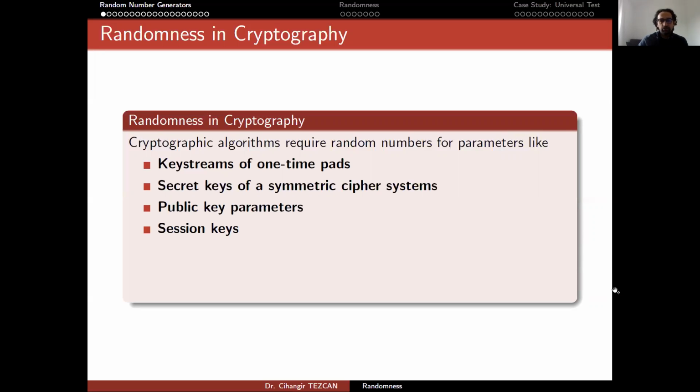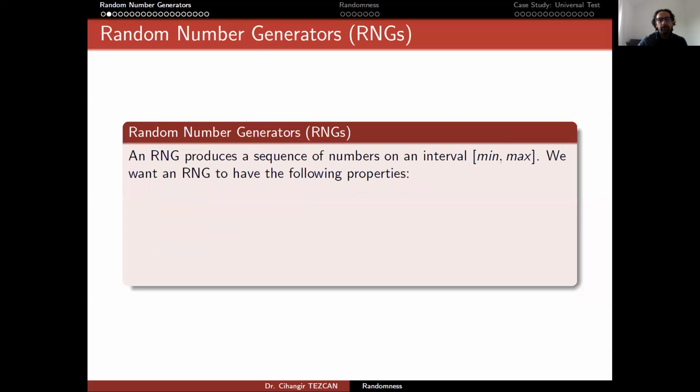Of course, session keys should be random, nonces should be random, initialization vectors should be random, salt should be random, and so on and so forth. So in almost every cryptographic algorithm you use, there has to be a random number generator so that you can provide full security for your system.